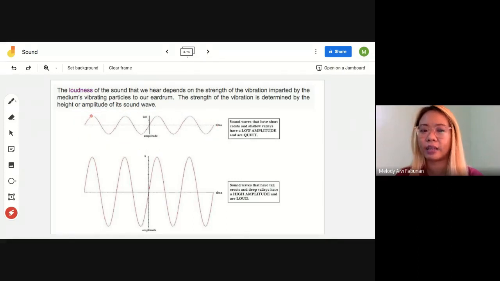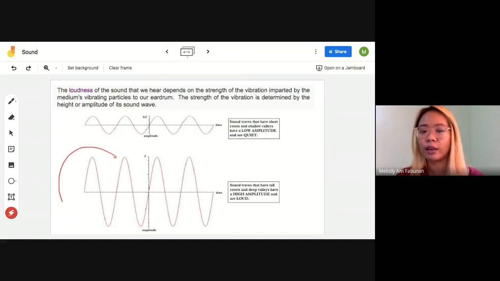Ilan ang crest natin? 1, 2, 3, and 4. Pero kung mapapansin ninyo, mababa lang yung kanyang amplitude. Kasi pag measure natin yung distance coming from the equilibrium going to the crest, napakaliit lang. So ito lang siya, maliit lang.